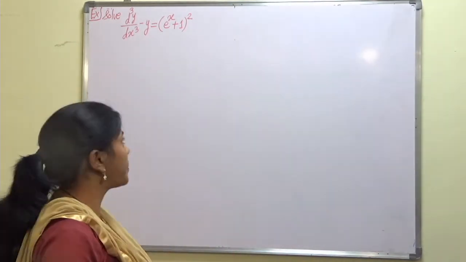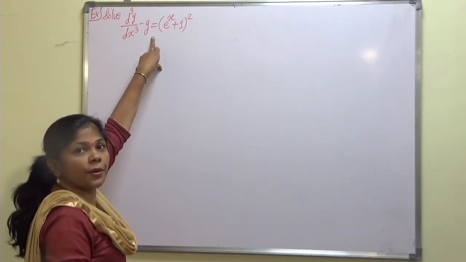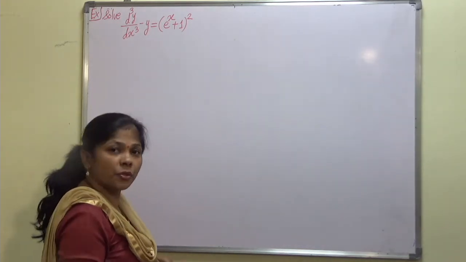So the first example is d³y/dx³ minus y is equal to (e^x + 1) whole square. Right? This we wish to solve. So for this we will first convert this into the operator form.